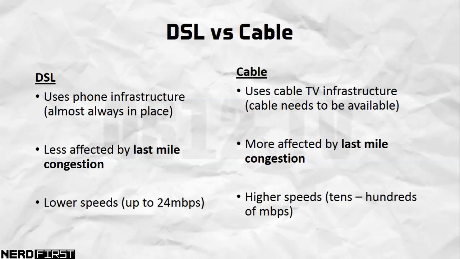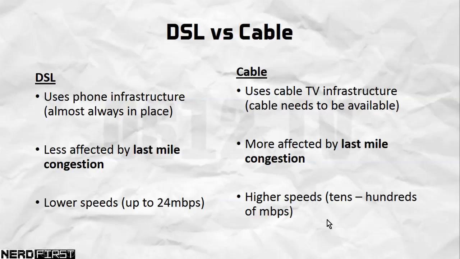Having said that, because DSL taps into existing infrastructure, it has its limitations. Earlier versions of ADSL have a maximum speed limit of approximately 8 megabits per second, whereas newer versions can go up to 24 megabits per second.